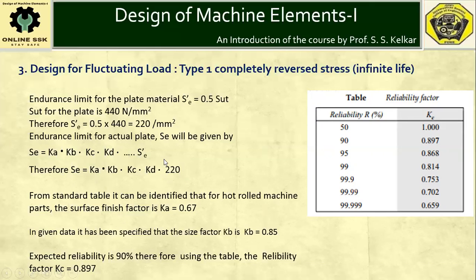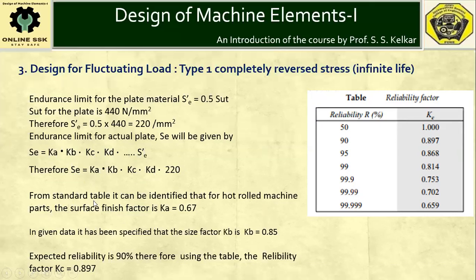We have already discussed it in the previous video, wherein we discussed RR Moore's rotating beam endurance testing machine. There we discussed these factors. We are taking these factors into account for modifying the endurance limit for the plate material, so that we will be in a position to calculate the endurance limit for the plate itself.